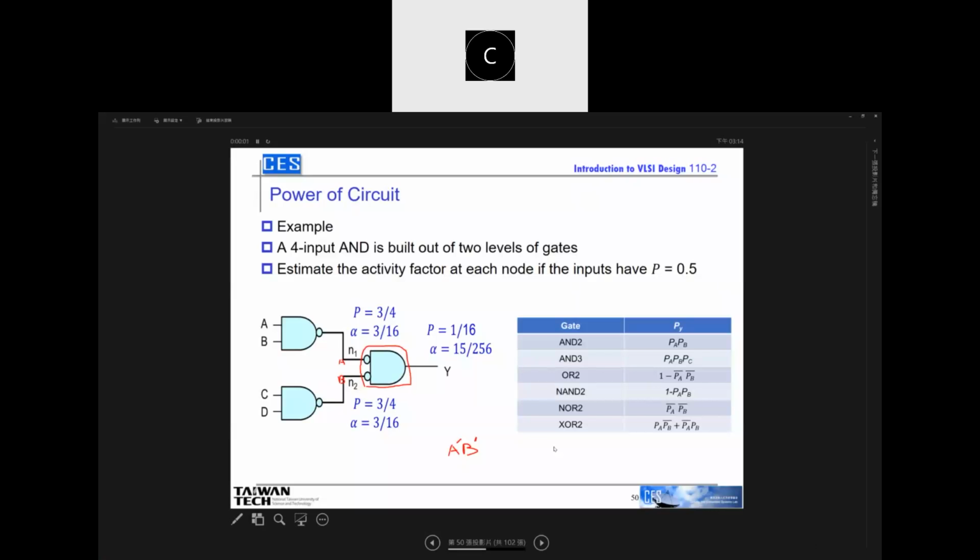Okay, so then we want to calculate the P here, and the alpha of this gate and the output Y here.